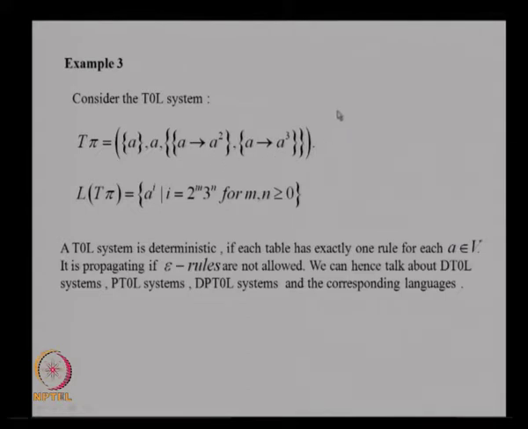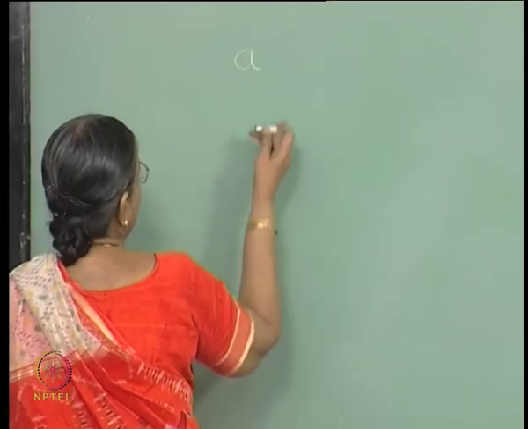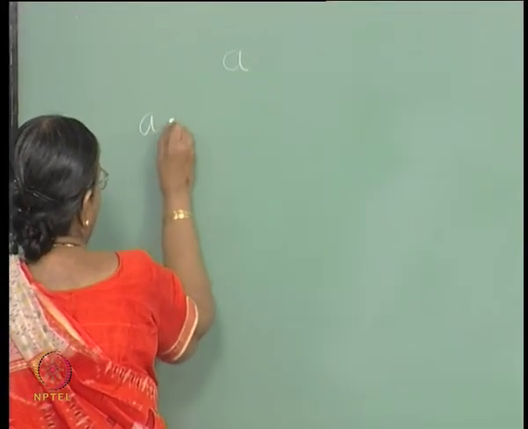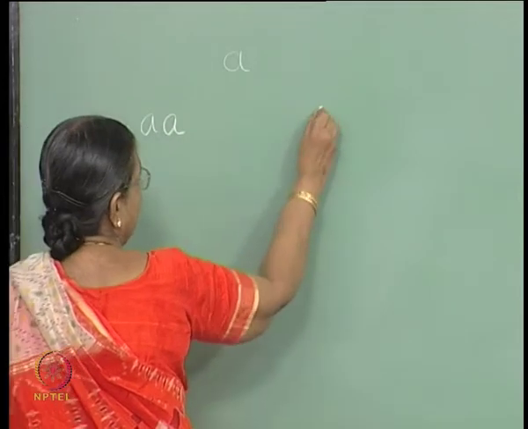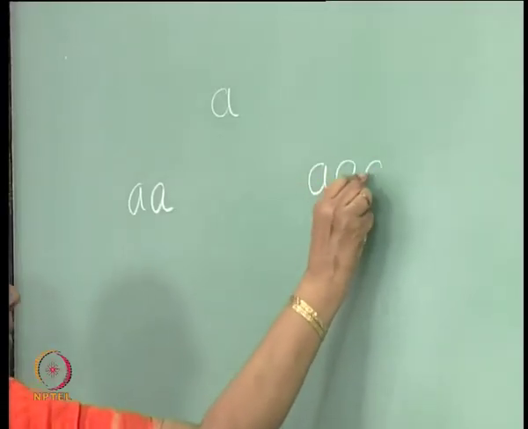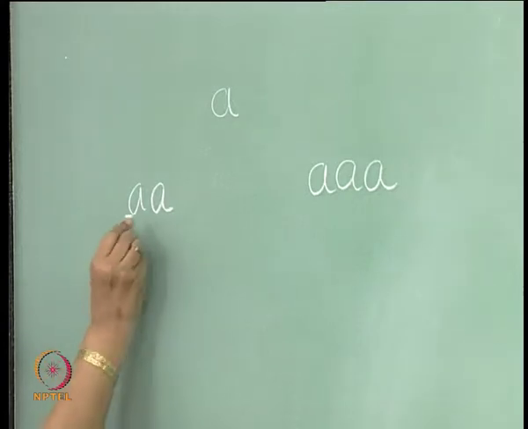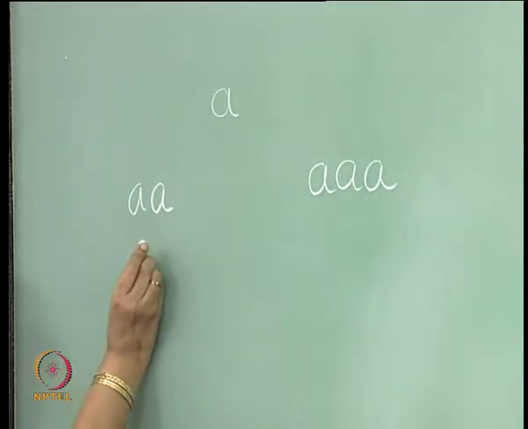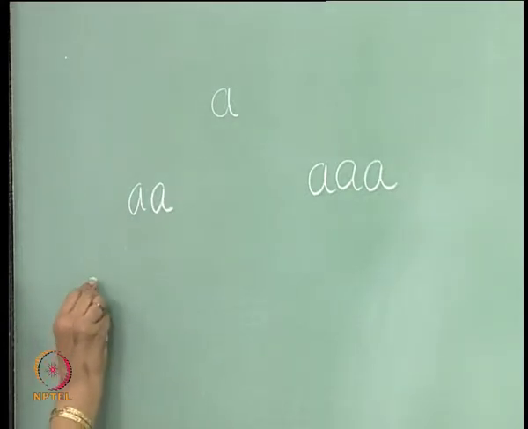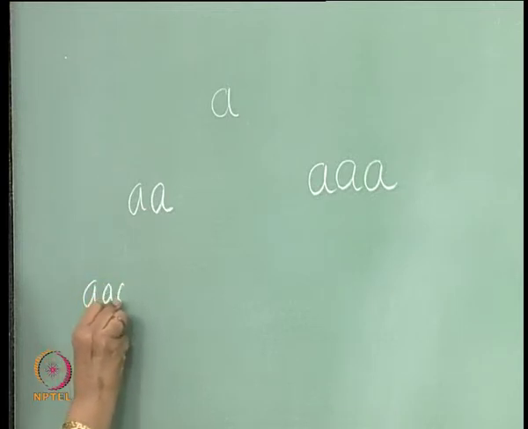Now, if I have AA, then there are possibilities like this. Starting with A, if I use one table I may get AA, if I use another table I may get AAA. Now, for this again if I use the rule from the table A goes to AA, I may get AAAA.